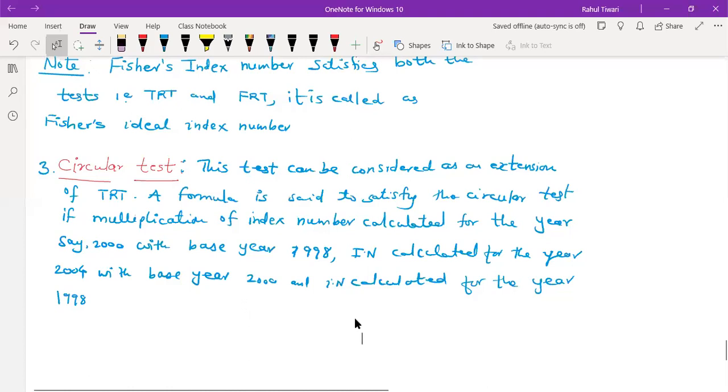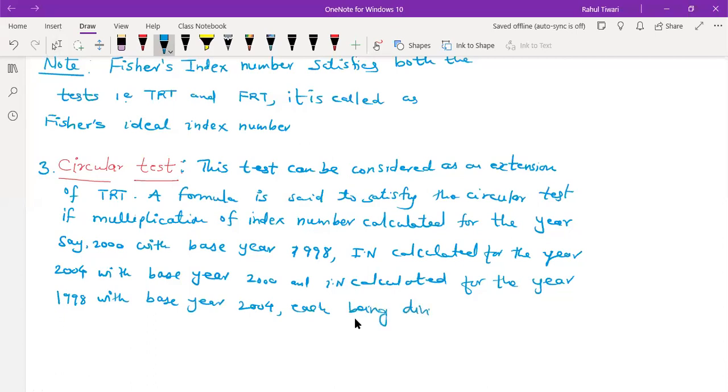So let me just finish this writing part, and we will explain what concepts we are using. With base year 2000 and each being divided by 100, resulting in unity.